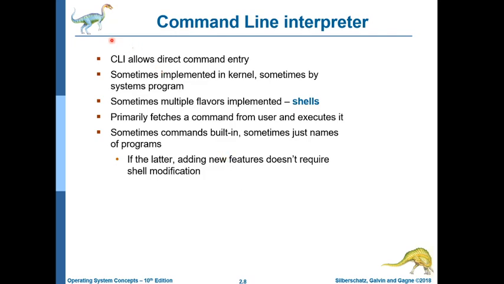A command line interface requires what we call a command line interpreter, right? When we are dealing with a CLI, whatever commands we put in must be interpreted, otherwise the computer doesn't know what command we are giving it.